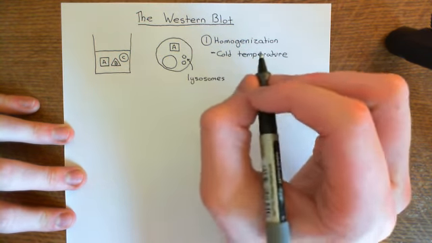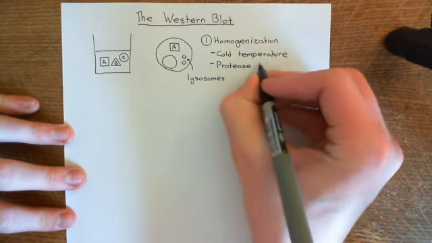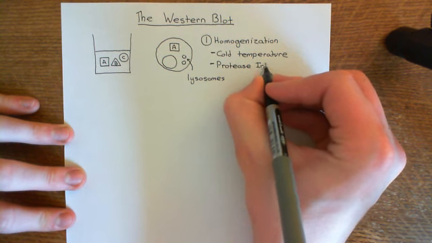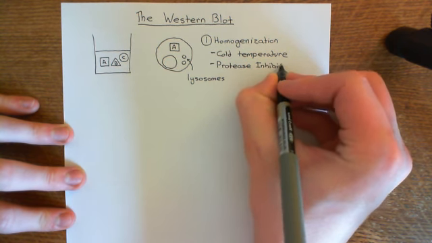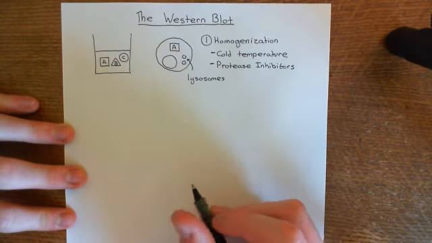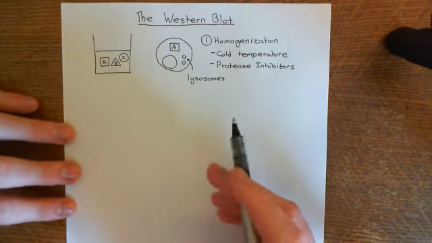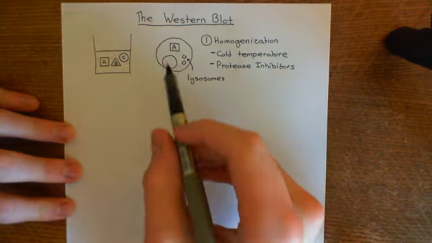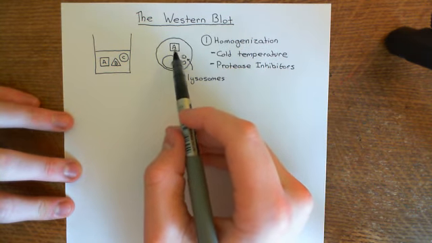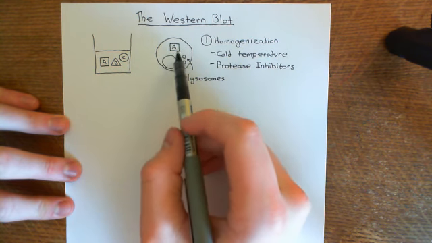In addition, you also use protease inhibitors, so you'll put protease inhibitors in with your cells so that these can inhibit the proteases that are released by the lysosomes, and hopefully stop those proteases breaking the proteins down. So, both cold temperature and protease inhibitors will hopefully join forces together to stop our protein of interest, protein A, from being destroyed too much, because of course you'll have multiple protein A's.